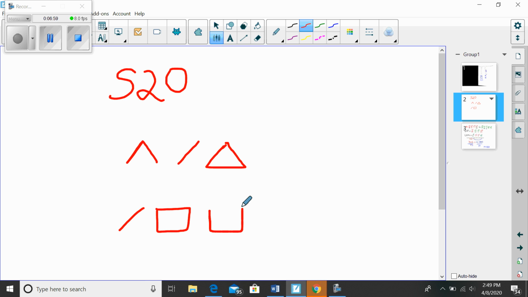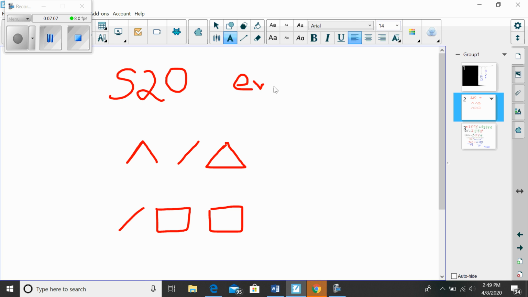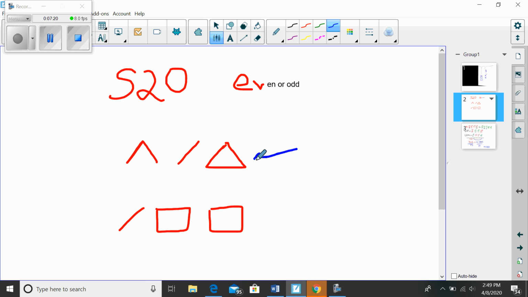And what we're going to look at with S20 is, are these numbers even or odd? So you'll probably look at the last digit and say, well, the triangle, that's a 3, so this must be odd. And that's a 4 in the last digit, this must be even. Okay, but change these into base 10 and see what you notice.